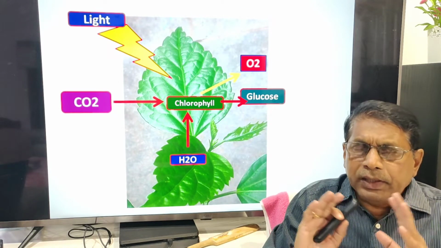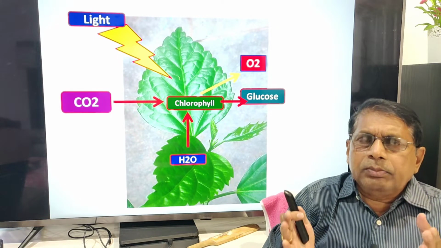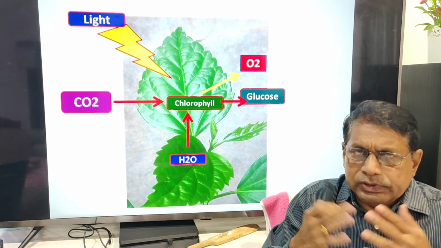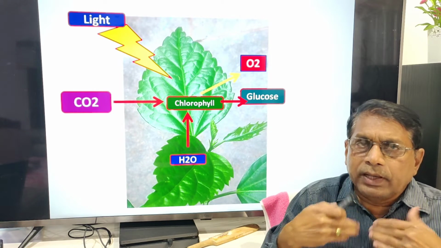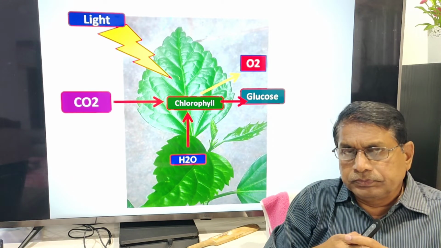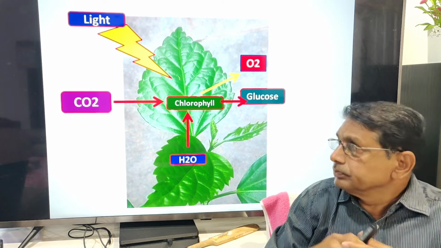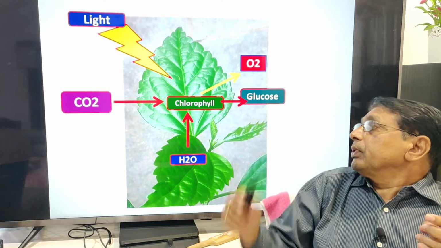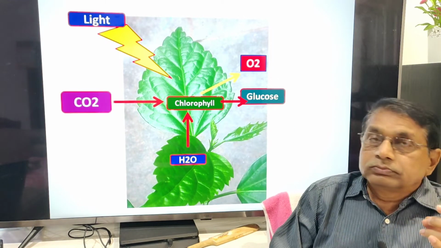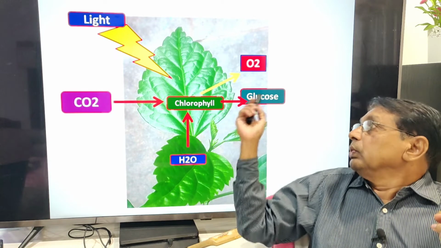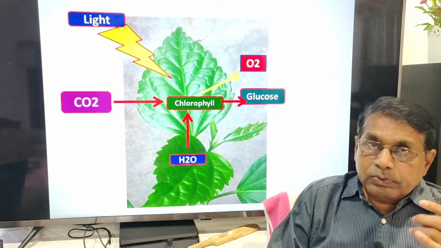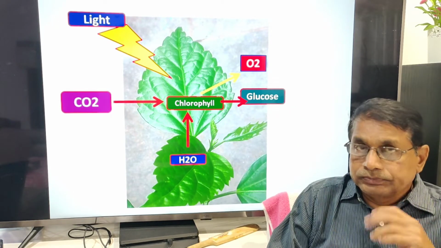A very intricate process takes place on the platform of the chlorophyll, chloroplast. During that process, glucose is produced and released.